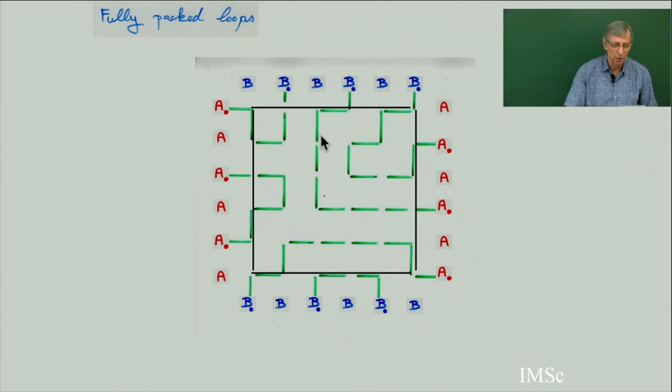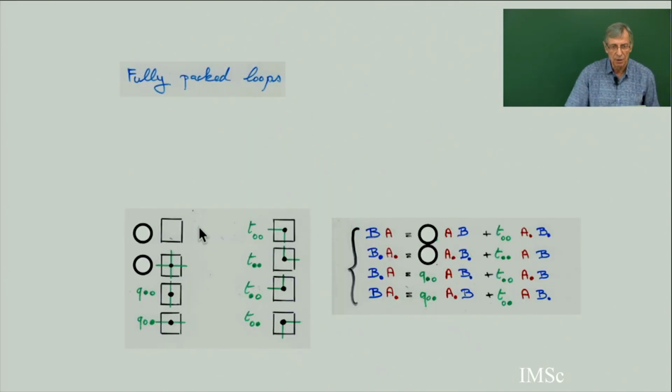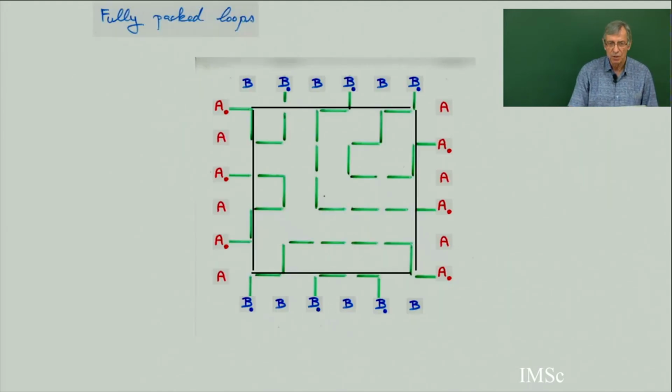And you see in each point, there are 2 edges coming to the vertex. There are 6 possibilities for such. And it's to say that this is coefficient 0, then it's non-intersecting loops, which cover the whole graph. So this is a typical example of what is called FPL, fully packed loop configuration.